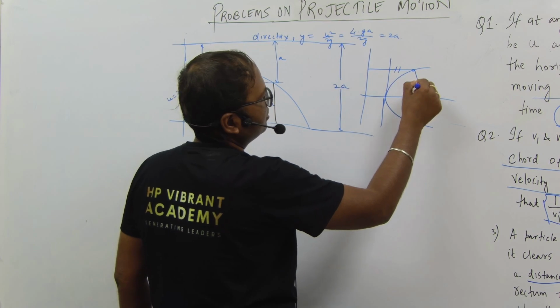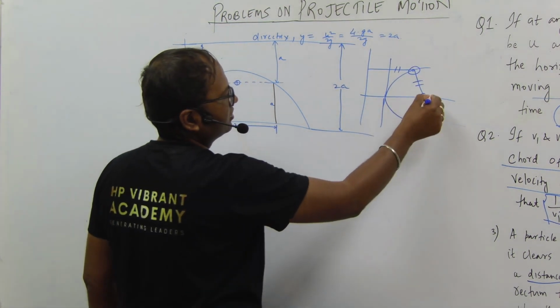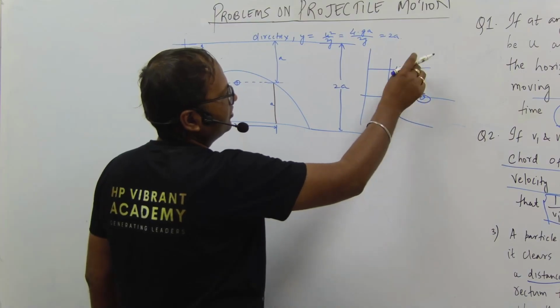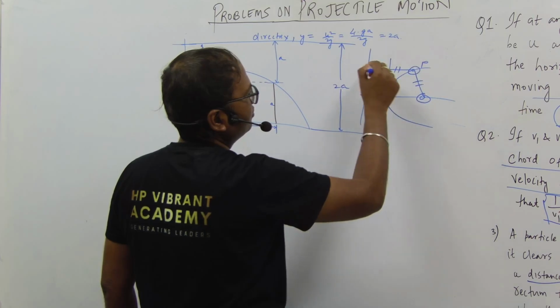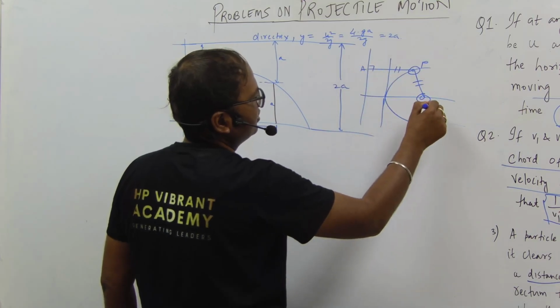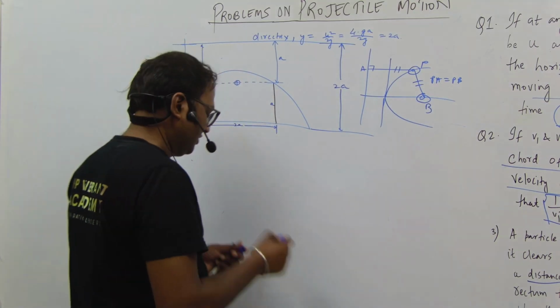So let us consider this point as P. We have PA and this is B. So PA is equal to PB as per the property of the parabola.